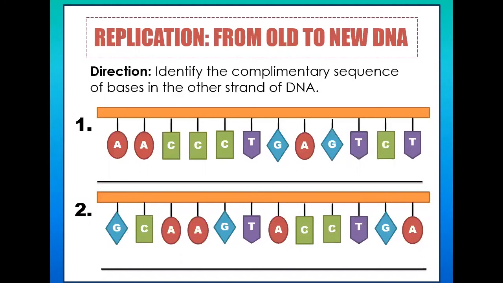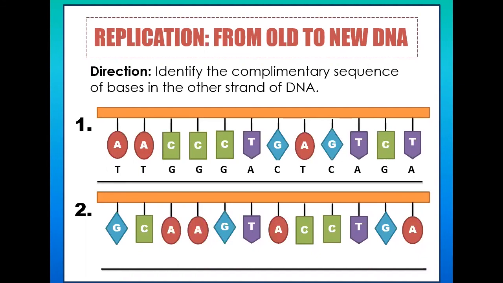Okay? So, for number 1, we have A. So, therefore, T. A, we have to produce T here. C must be G, T for adenine, so on and so forth. We just have to follow the complementary base pairing. And I know you will all agree that this is the answer for number 1.